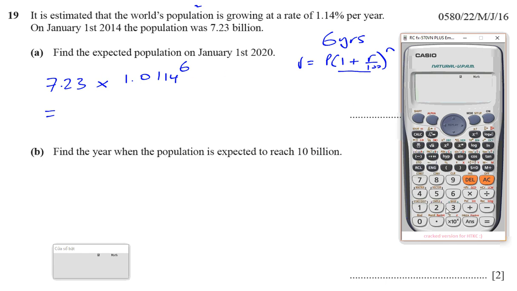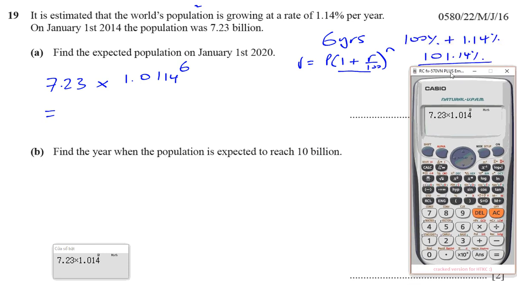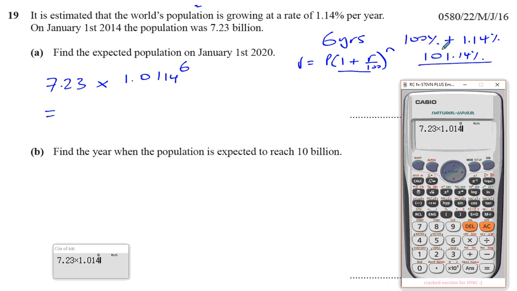So you've got 7.23 times 1.0114. Be very careful here. Just make sure I've got that correct. See, it's 1.0114.